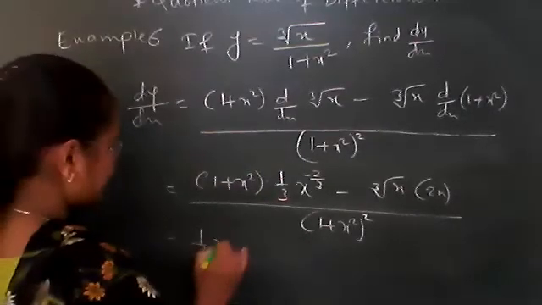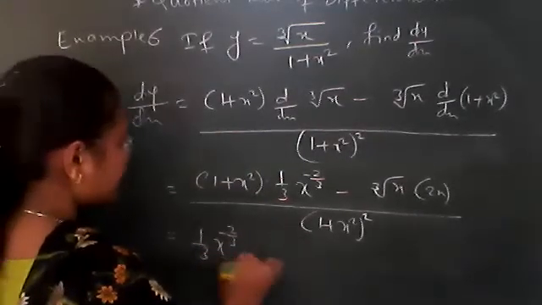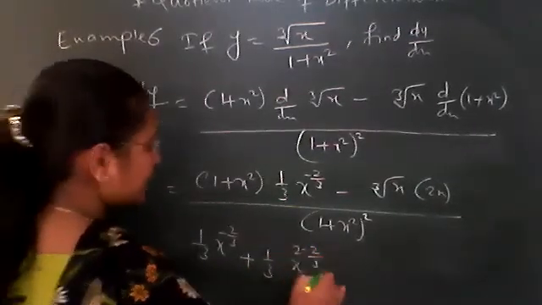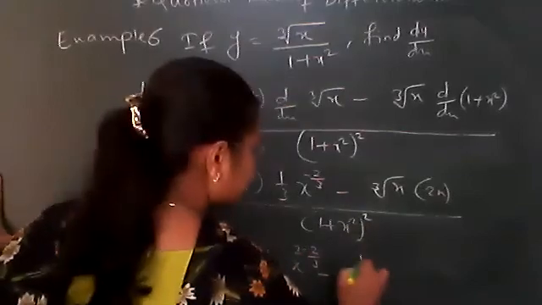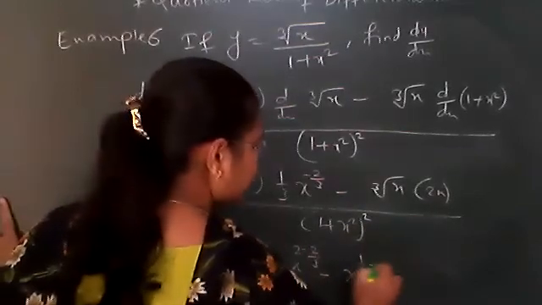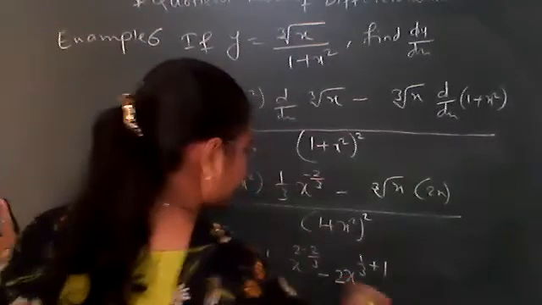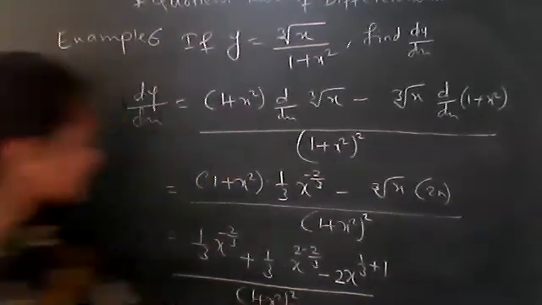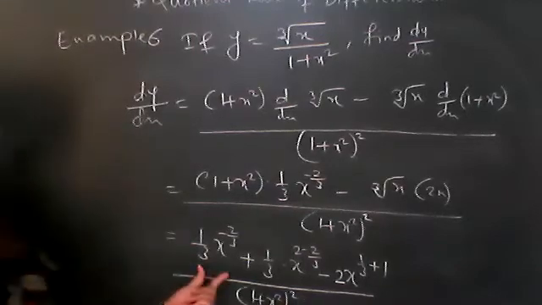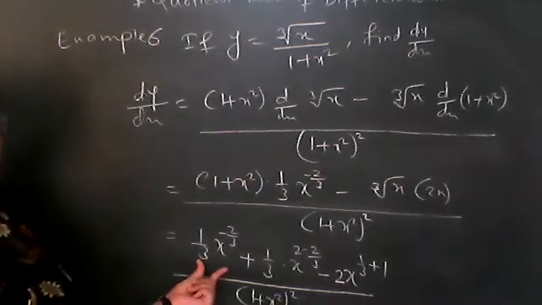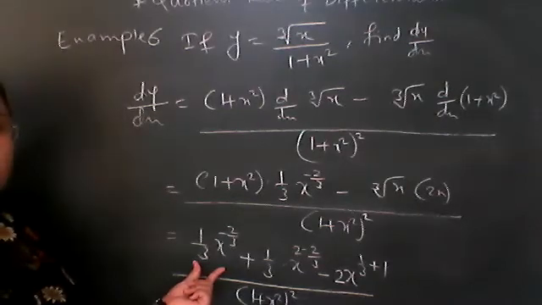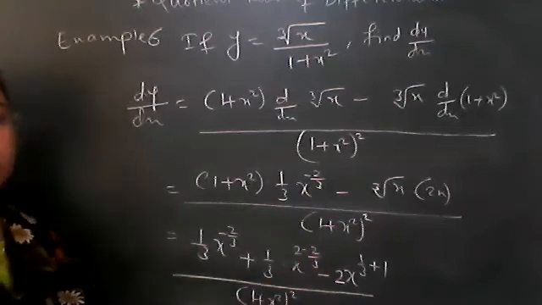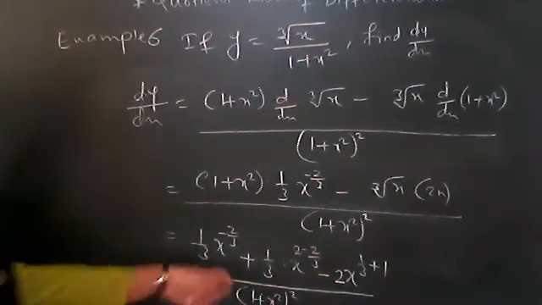So 1 by 3 x raised to minus 2 by 3 plus 1 by 3 into x raised to 2 minus 2 by 3, minus x raised to 1 by 3 plus 1 into 2, whole thing divided by (1 plus x square) whole square. We cannot do anything with this term, it will be as it is: x raised to minus 2 by 3. Now here, what will be the power? Yes, boys, what is the power for this?